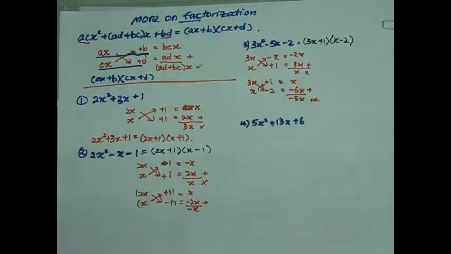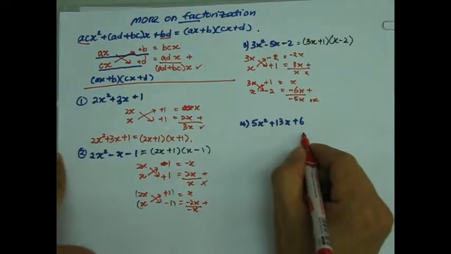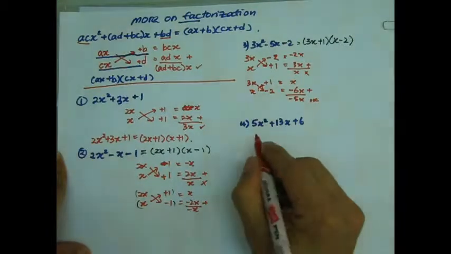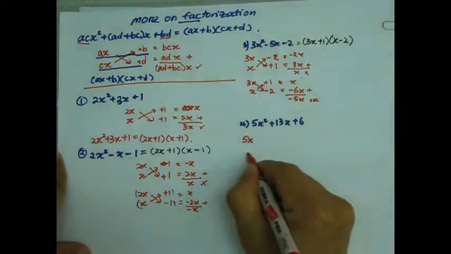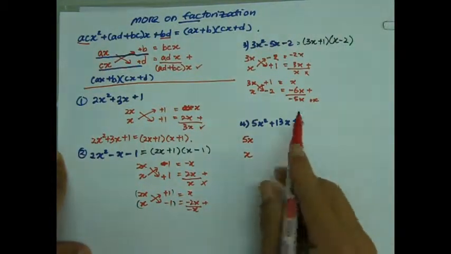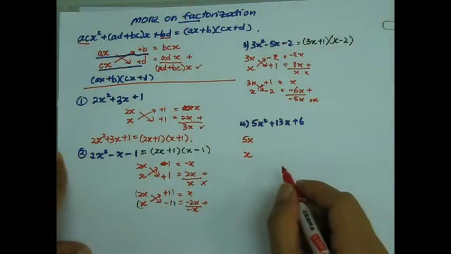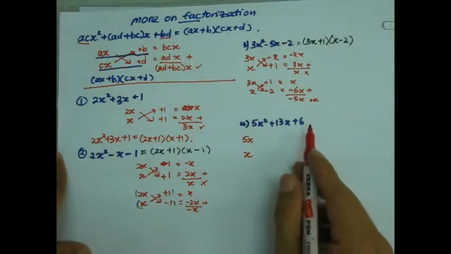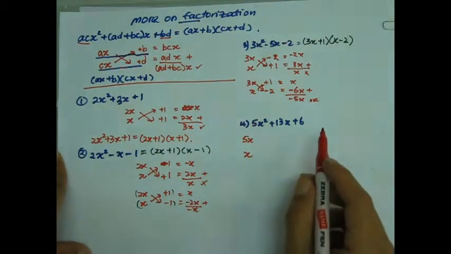Alright. Okay, now we proceed to question number 4. Here we need to think about two numbers that multiply together to give me 5x squared. Okay, good. That will be 5x and x. How about 6? But remember, you have to add. After cross multiplying and adding together, it should give me 13x. Okay, we have two choices, 1 and 6 or 2 and 3.